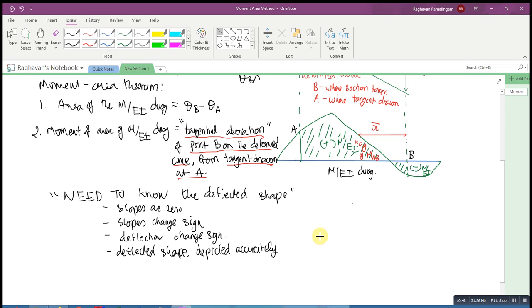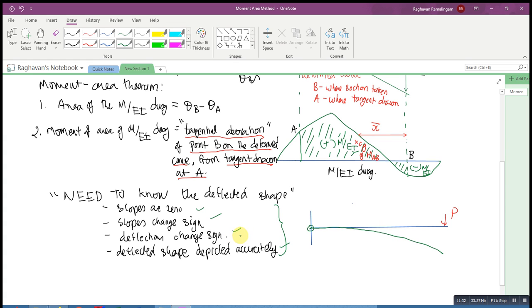So what I basically mean is, if I have a cantilever with say a point load, now I should necessarily know that the deflected shape is going to look like this. I should take care of all these things and make sure I have drawn all these points correctly on the deflected shape. So in this case, I should know where my slopes are 0. It's 0 over here. Does the slope change sign anywhere? It doesn't.